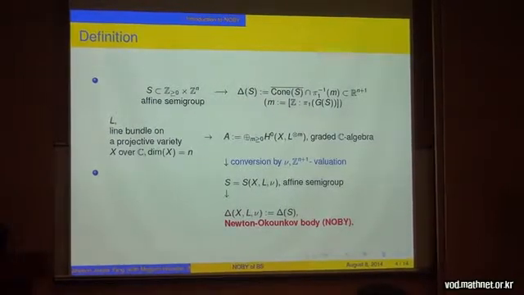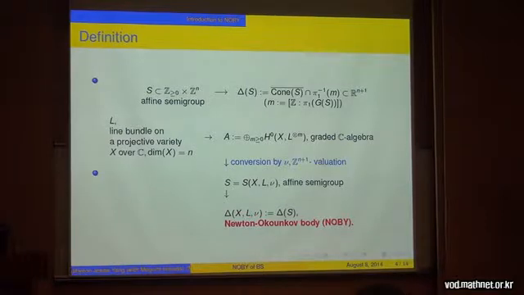Just for simplicity, we use C. Then we can consider the graded C-algebra, which is the direct sum of the spaces of holomorphic sections, I'm sorry, not holomorphic, regular sections of the tensor powers of L. Then we convert this graded C-algebra to a certain affine semigroup with a given choice of valuations.